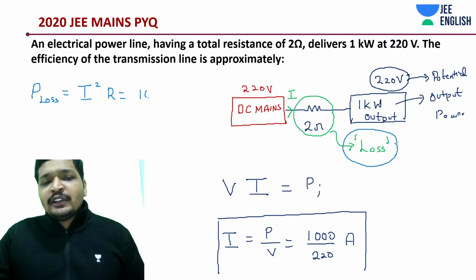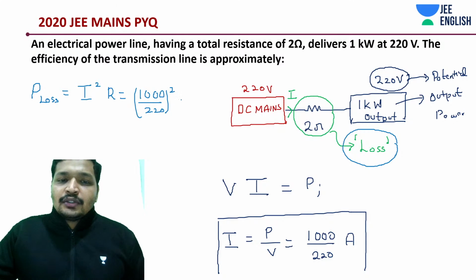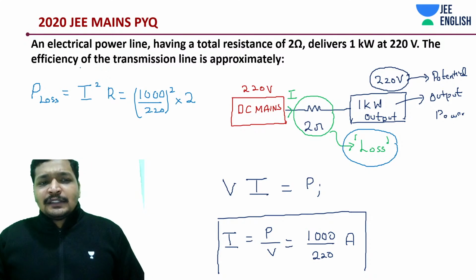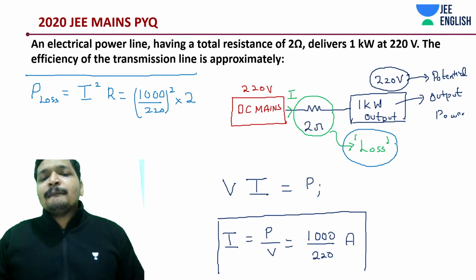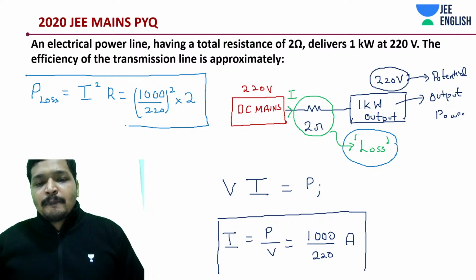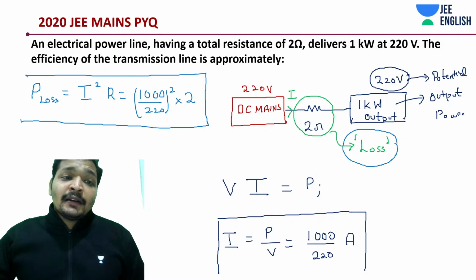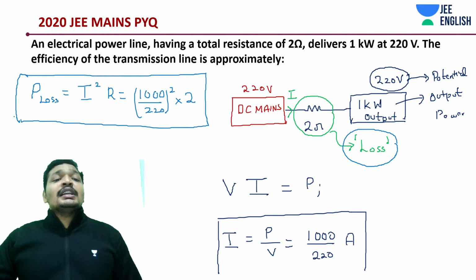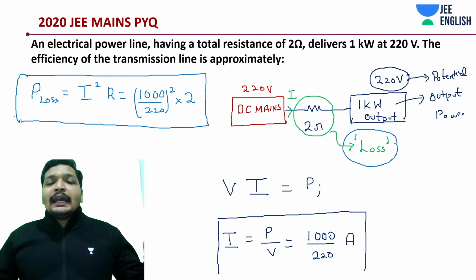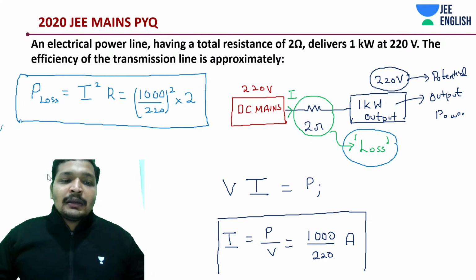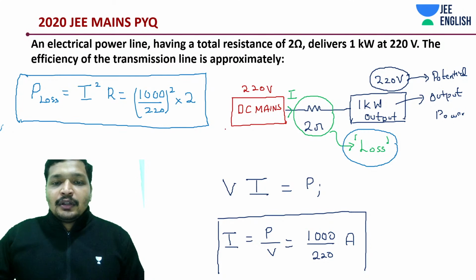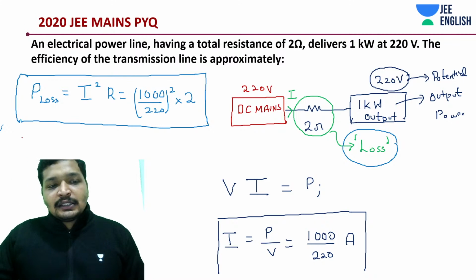Basically you have a value like 1000 divided by 220 whole square into R. Let's keep it like this for now. You know the output power, you know the loss, you know the input as well. What is input? Input is going to be loss plus output.